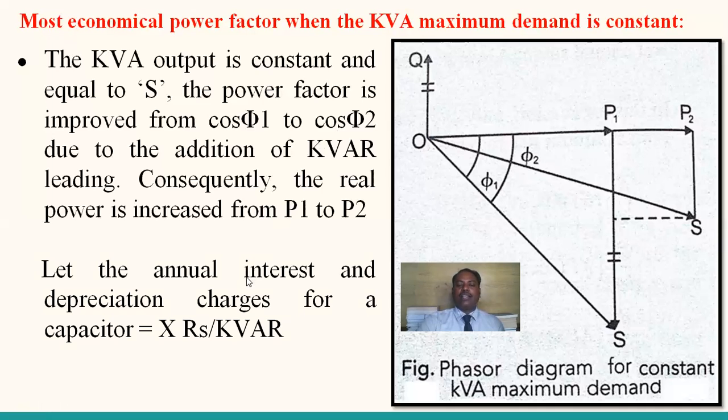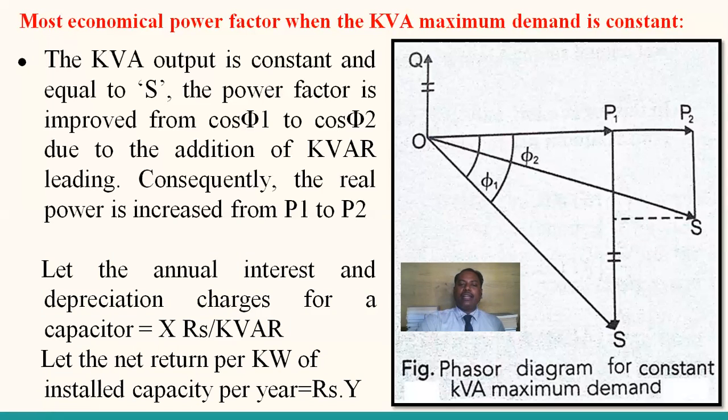So let the annual interest and depreciation charges for a capacitor be X rupees per kVAr. Let the net return per kilowatt of installed capacity per year be rupees Y per kilowatt. Interest and depreciation on capacitors, you are spending X rupees per kVAr.